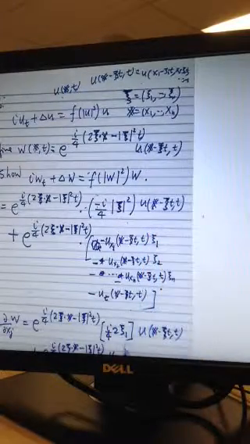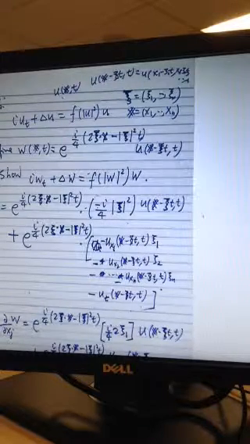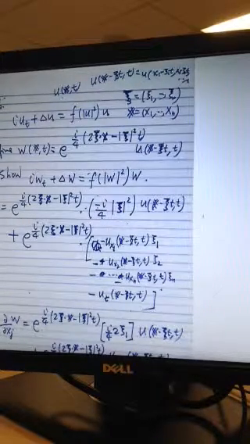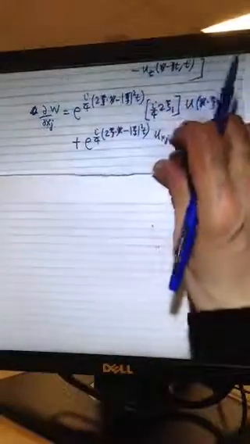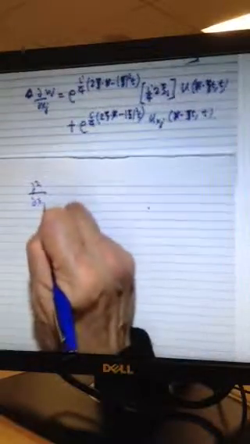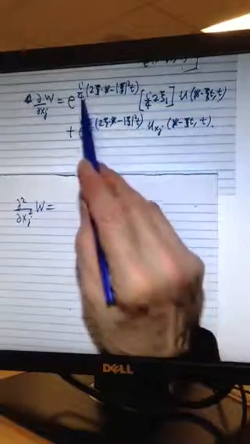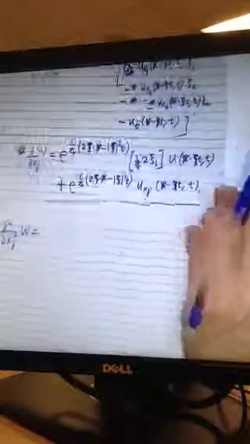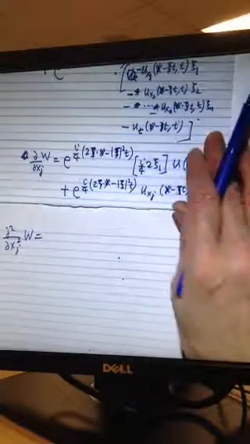So that's the first derivative. I'm doing all this slowly. And then I need the second derivative of w, so I differentiate again. This part is now constant, so I just have to differentiate these two.